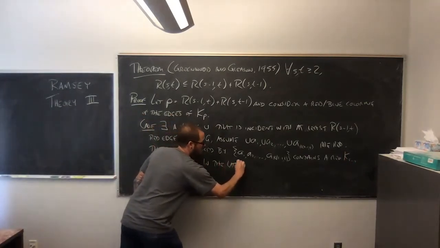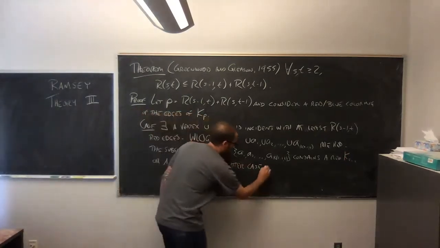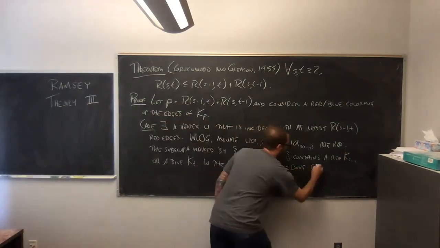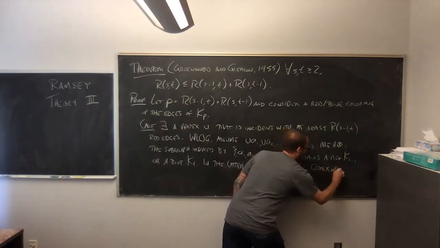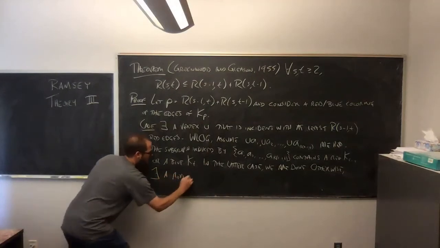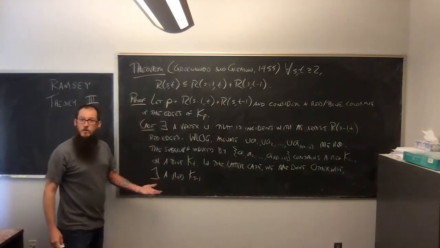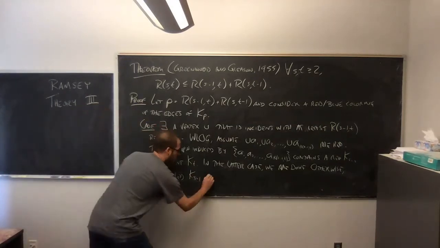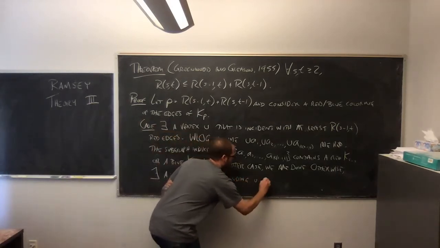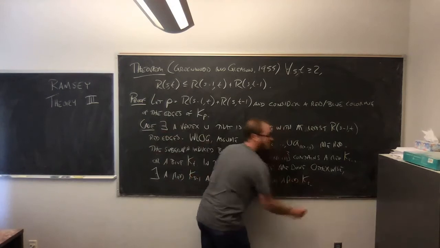In the latter case, the case where we have the blue K_T, we're done. Otherwise, there exists a red K_(S minus 1), and then if we go ahead and include the vertex U, that will form a red K_S. And that does it for that case.